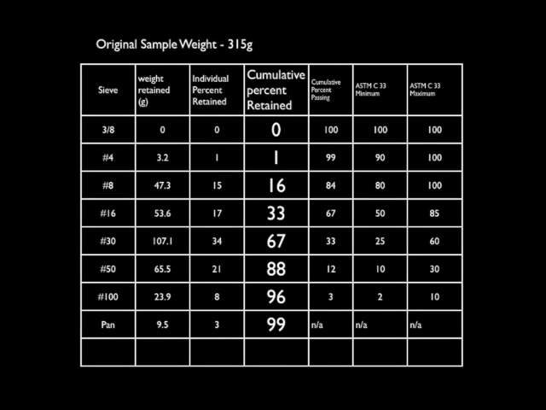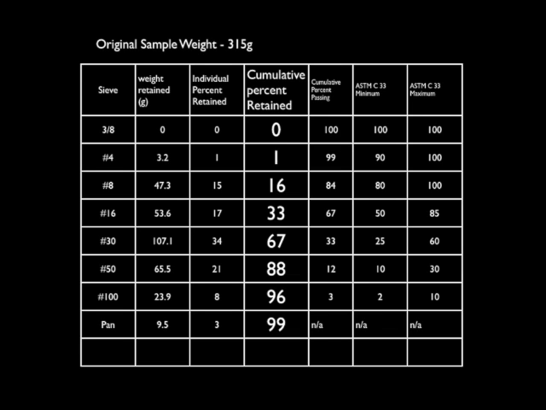Next, we have cumulative percent retained. Cumulative percent retained is when we take the individual percent retained on any sieve and add to it all of the previous individual percent retained. So if we take a look at the number 8 sieve, for instance, we see that we have 16% cumulative percent retained.